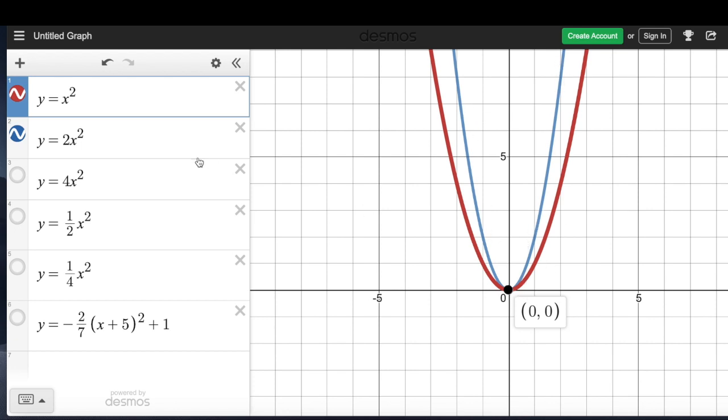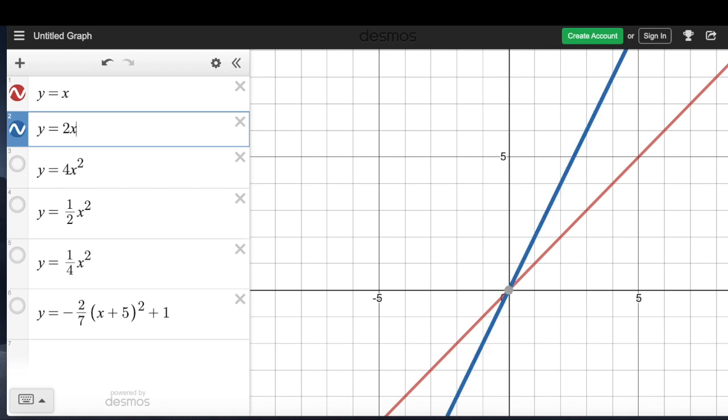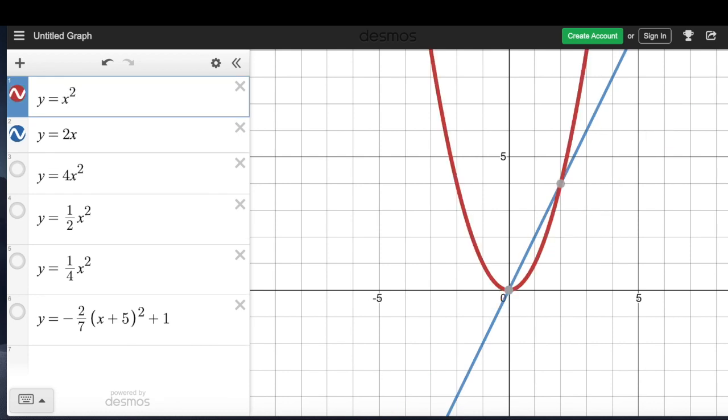And that should make sense, because if you think of what y equals x looks like, it's a line. And when you think about what y equals 2x looks like, it's a line, but with a greater slope. It's increasing faster. It's steeper, right? Well, it's really the same idea as on a parabola.